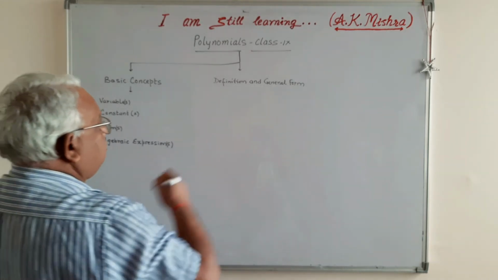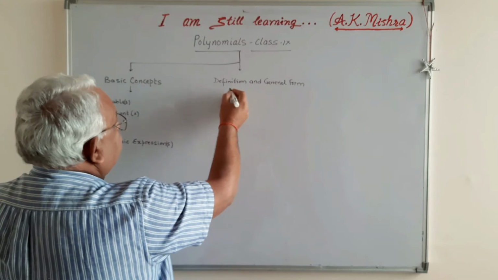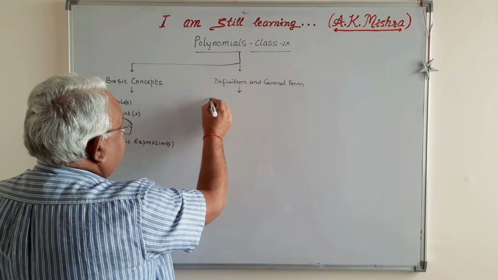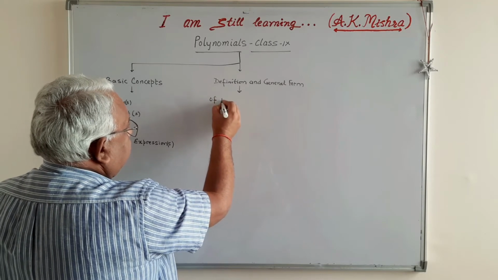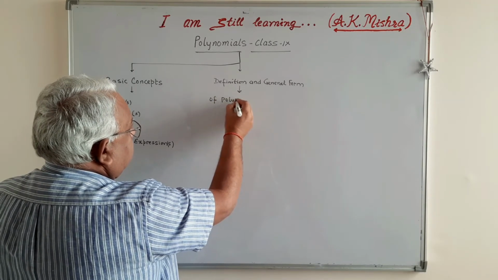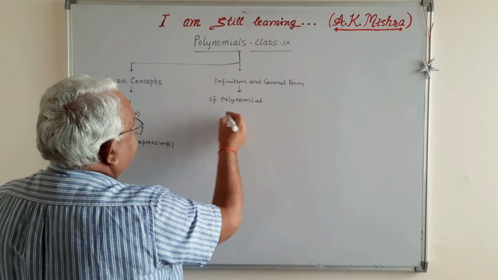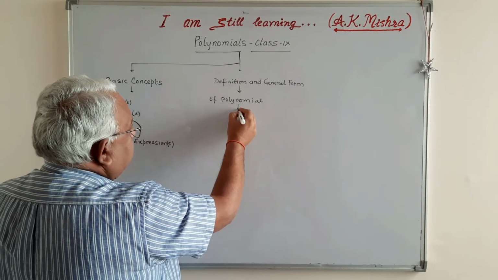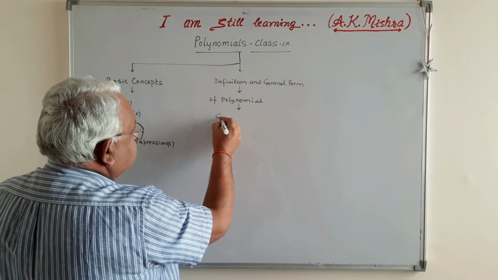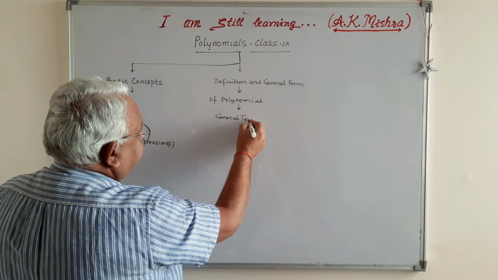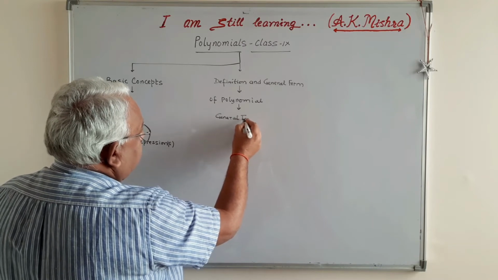And in definition, we'll be mainly focusing on the definition of polynomial and its general term, general form you can say.